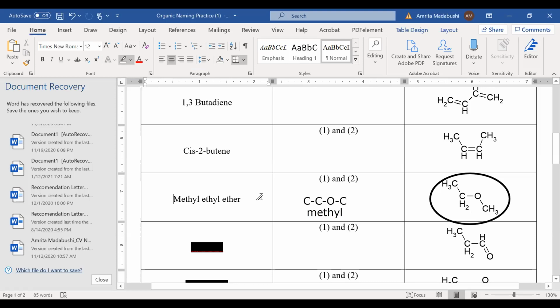Do you see that in the ethers, methyl is one side, ethyl is one side, and then you just call it ether. Methyl ethyl ether.